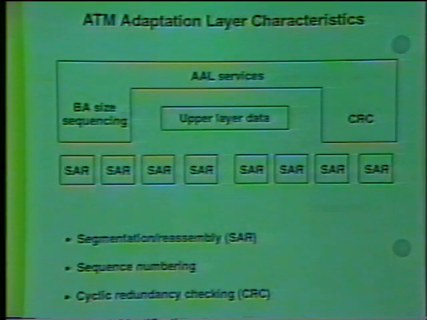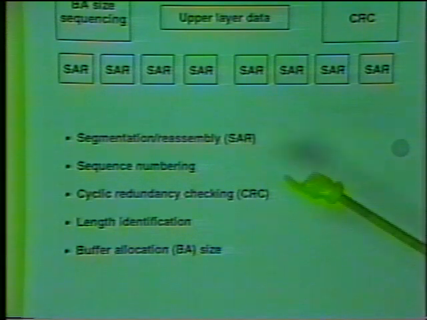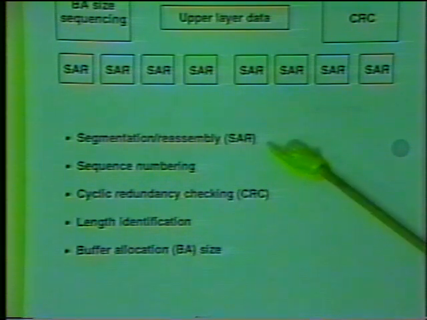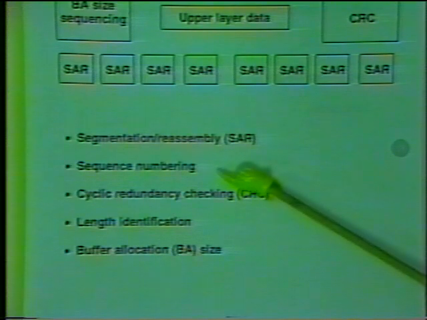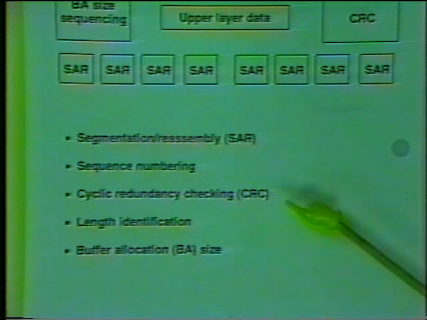Jumping back to the slide, this is a quick rundown of what the AAL portion of our stack is going to handle. Again, segmentation and reassembly, hereafter referred to as SAR. It's going to handle the sequencing. If we get fragmented cells, it'll reassemble them in the correct order. It's going to do a CRC check, checking for data validity.